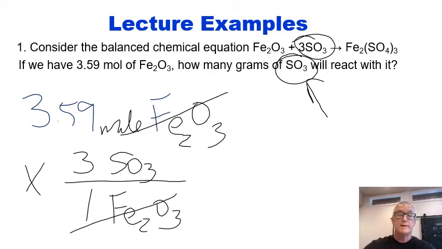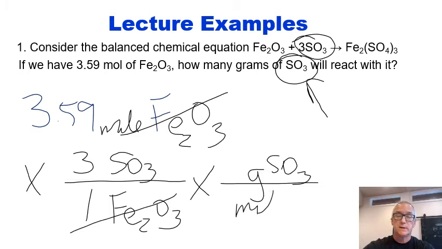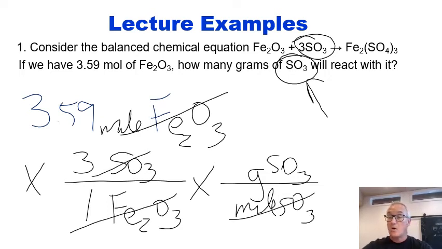That's what I want. Next, I want grams, right? Because that was the actual question. So we're going to put grams sulfur trioxide here and moles sulfur trioxide on the bottom. That eliminates moles of sulfur trioxide. Now, all I need to do is figure out what the molar mass of sulfur trioxide is.